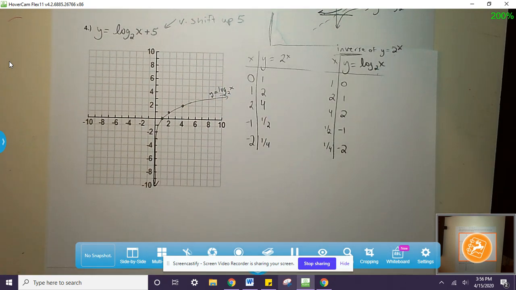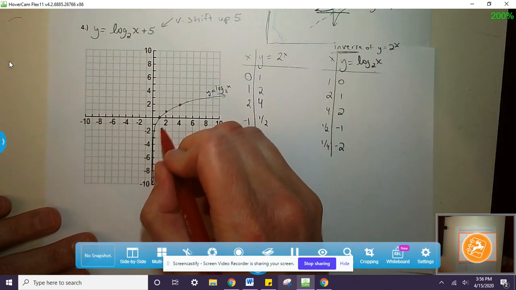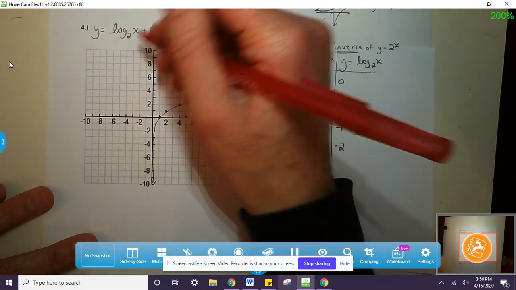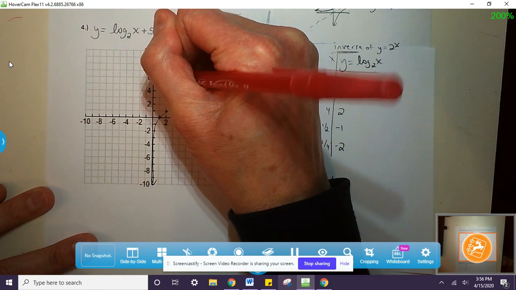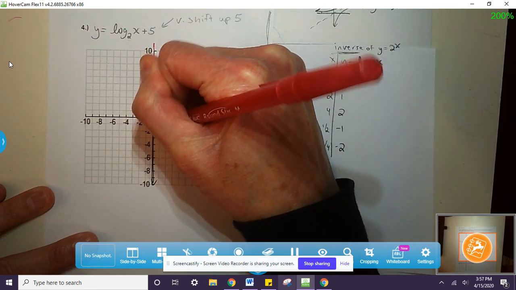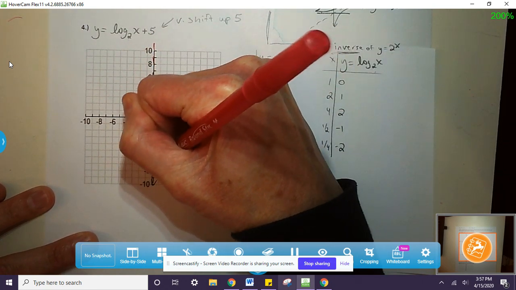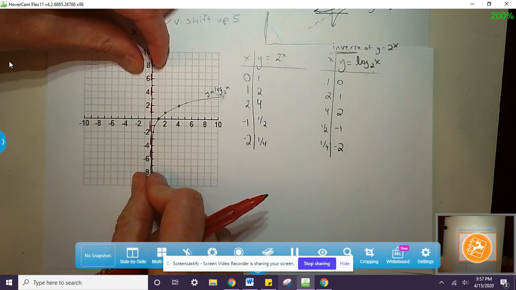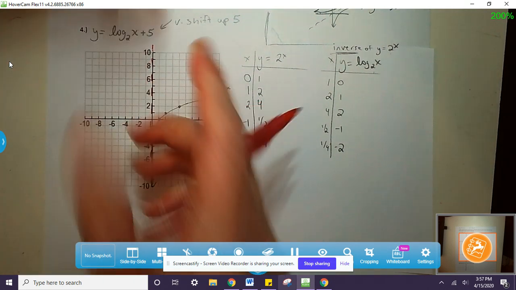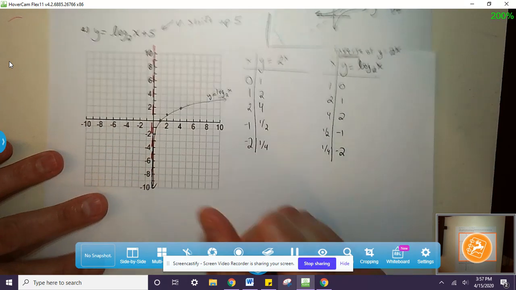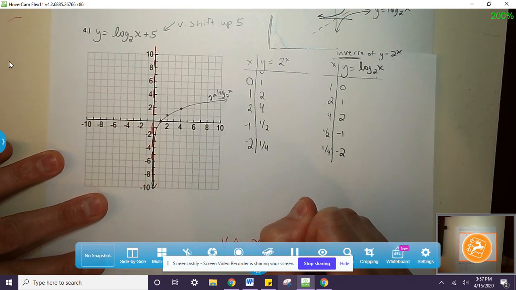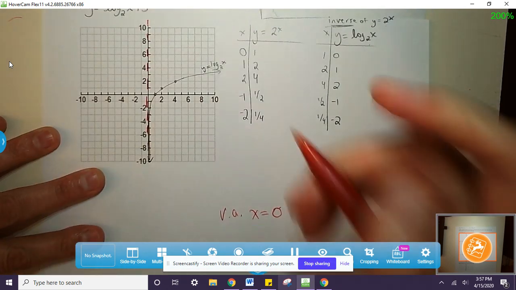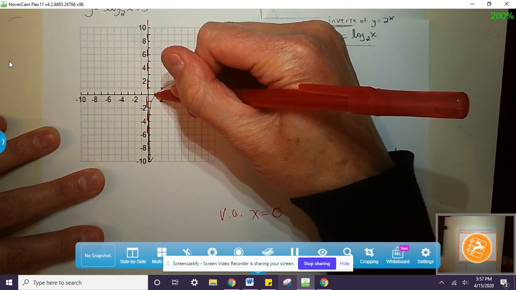Once you have your log function graphed, we now want to move this graph up 5. When I move the graph up 5, the vertical asymptote is going to stay in the same position. Because if you take the y-axis and pick it up and move it up 5 units, it stays in the same place. So the asymptote does not move. The asymptote is still going to be x equals 0. But this point here will move up 5.